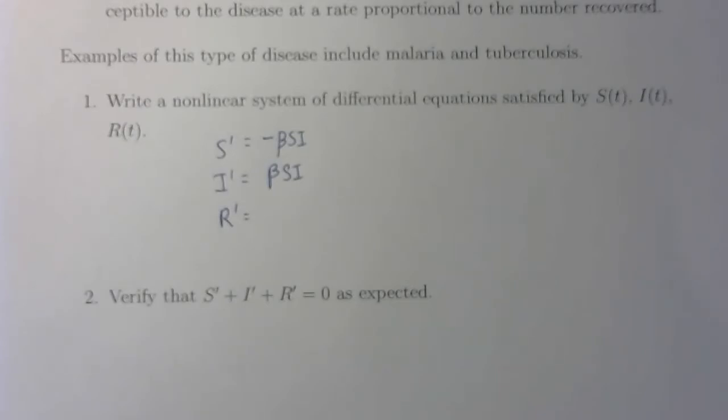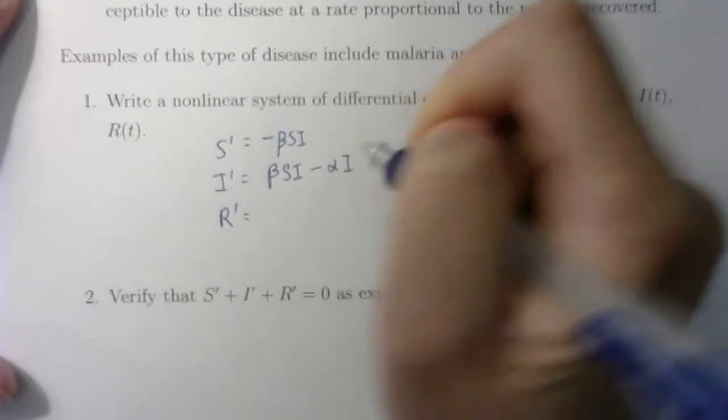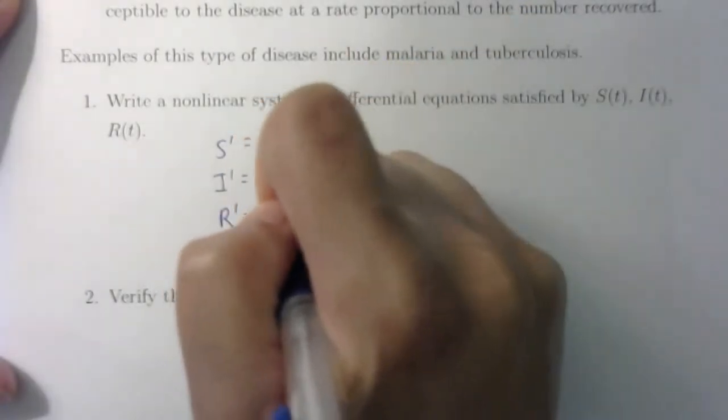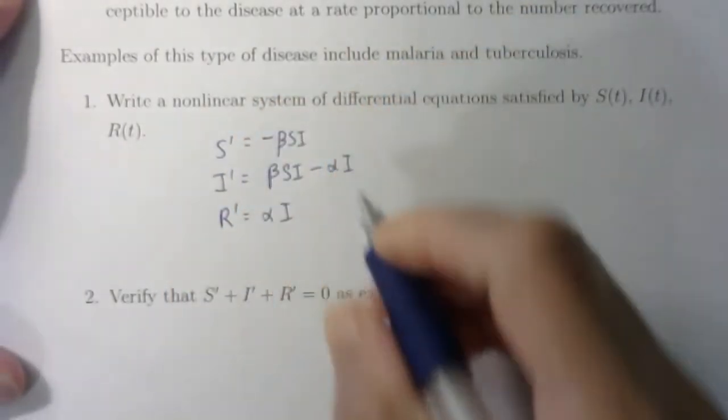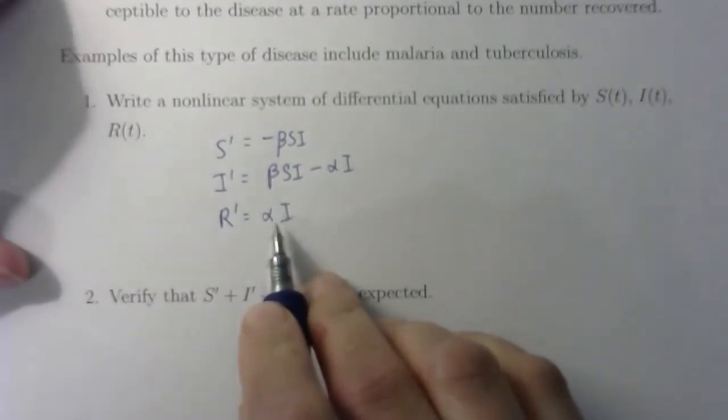The way that you leave being infected is that you recover. The number who recover is just proportional to the number who are infected. I'm going to call the proportionality constant alpha, and then it's a minus alpha up here because I'm taking them out of the pool of I's and putting them into the pool of R's.